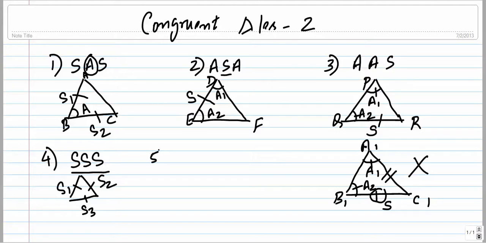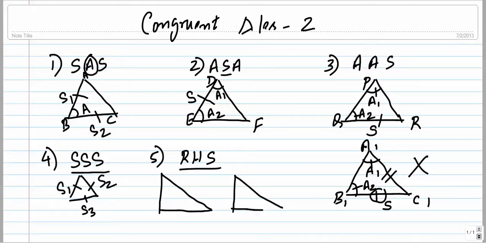Now let's take the last case, which is RHS. When we take two triangles, triangle 1 and triangle 2, these two are right angle triangles. That means one angle is 90 degrees. Now RHS means the hypotenuse of one triangle is equal to the hypotenuse of the other triangle, and any one side of this triangle is equal to the corresponding side of the other triangle.